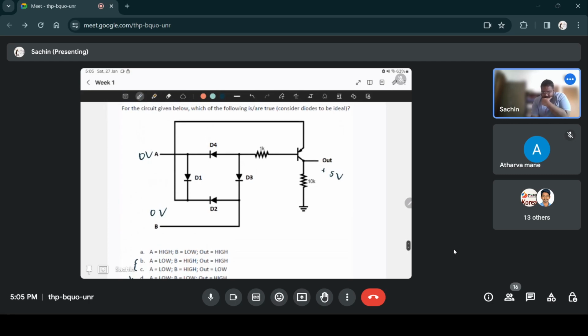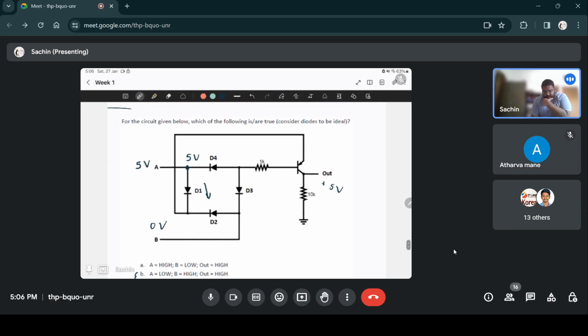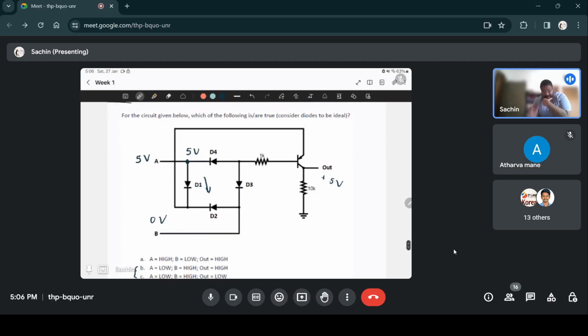When A is high, 5 volts is given to A. B is low, 0 volts is given to B. So this diode D1, since 5 volts is applied to the P terminal, D1 will be forward biased, and here the diodes are ideal.